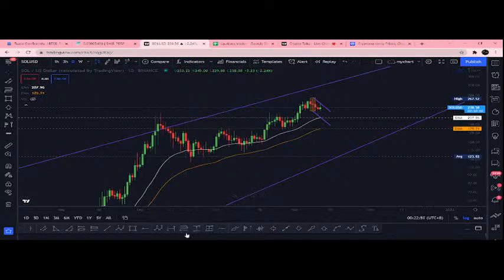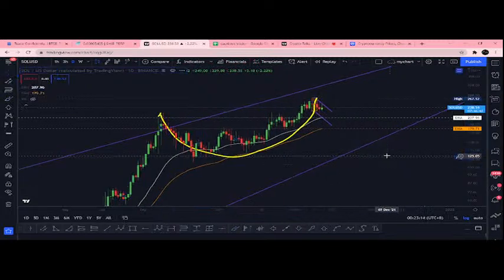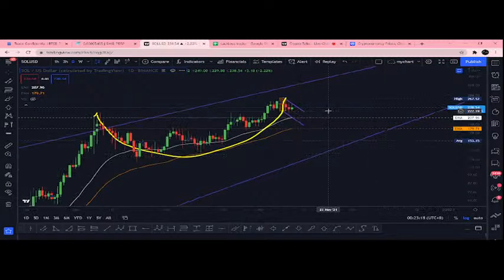Because what I'm looking at might possibly be a cup and handle. So I'll wait for that, though I'm not good at drawing. Anyway, on a conservative note, I'll wait on that 249.